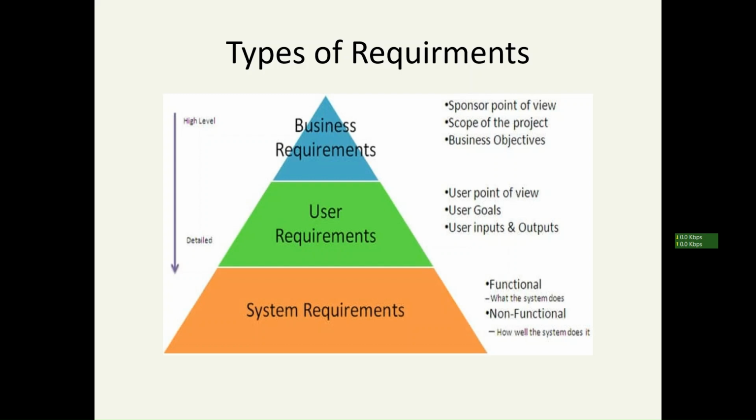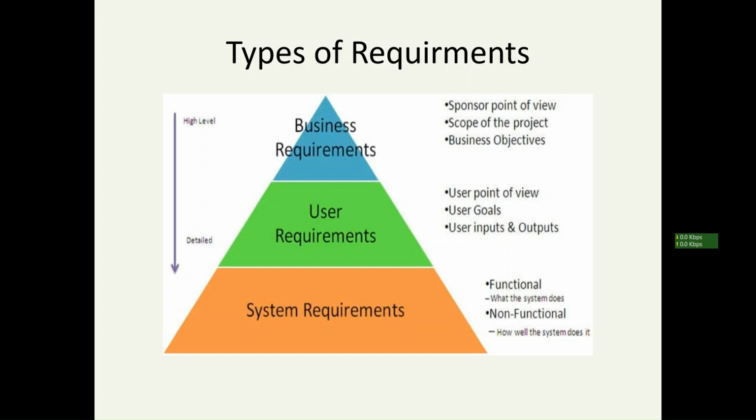Okay, so as I told you, the BRS will be converted to an SRS document. The SRS, that is software requirement specification, will have all the functional and non-functional requirements in detail for the application. From the SRS, it might be converted into multiple documents: performance requirement, user requirement, usability requirement, security requirement, database requirement, functional requirement.